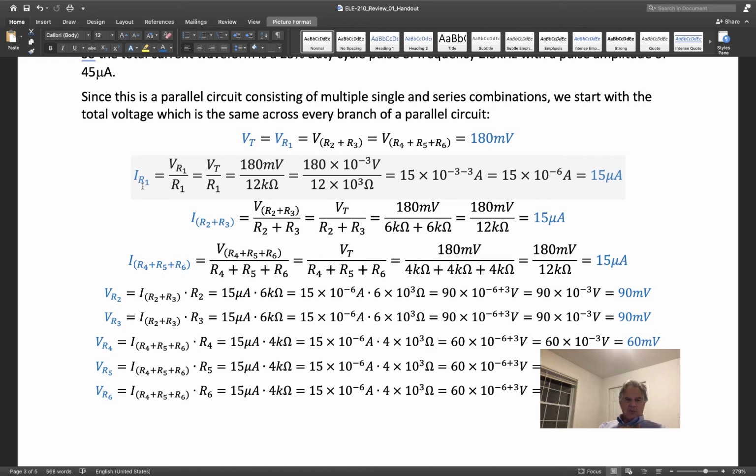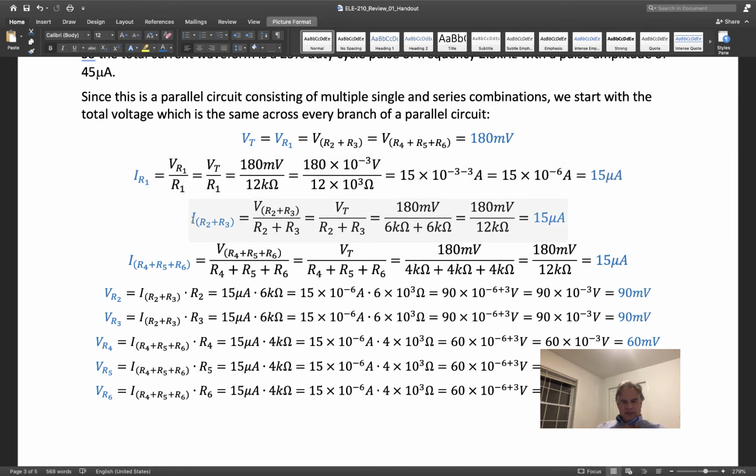So we're using that to our advantage, and we're going to say that the current through R1 is equal to VR1 over R1. Well, VR1 is V total, 180 millivolts, and R1 is 12K, and we compute this thing. And once again, now we have 180 over 12, 10 to the minus third over 10 to the third, and so we're going to wind up with microamps again. But we're going to get 15 microamps. So a third of our current, a third of the 45 microamps, is going through R1.